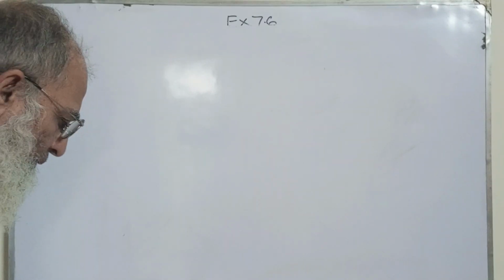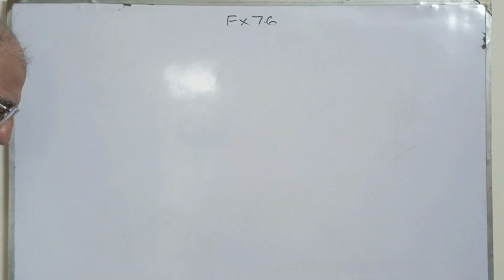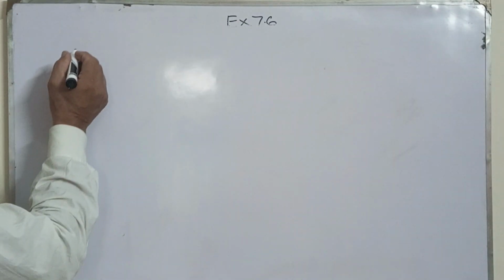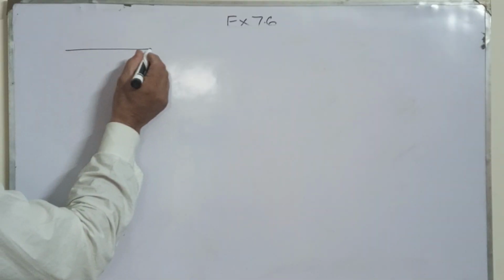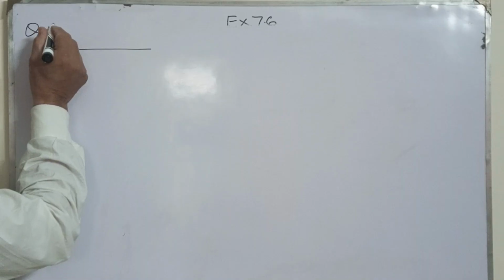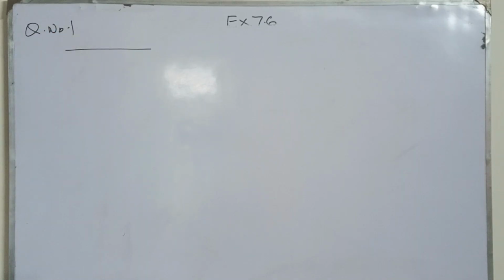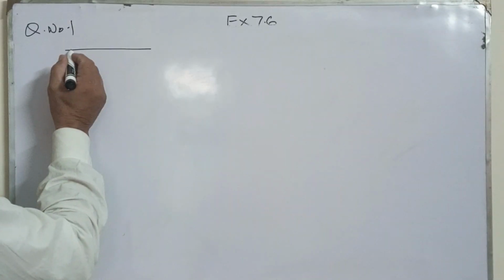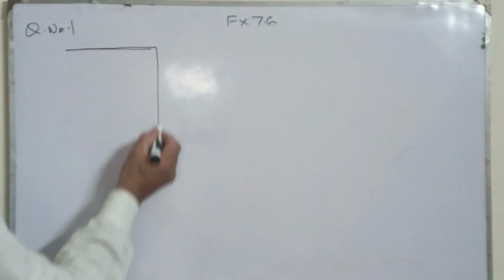A net of a figure is given. I've told you what a net is. So this is given to you in question number one. The net is given, and it is like this.